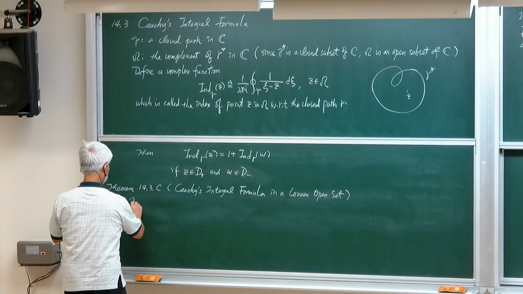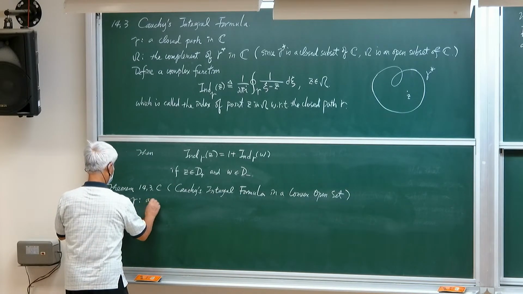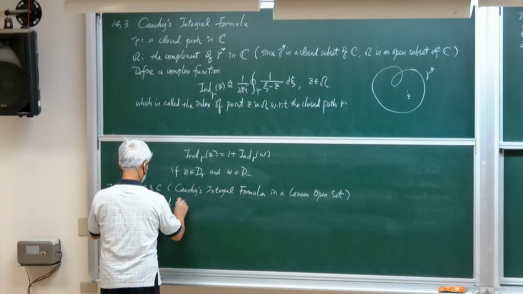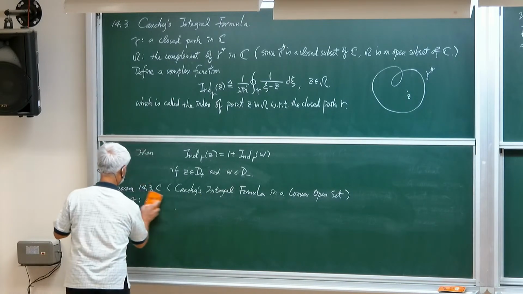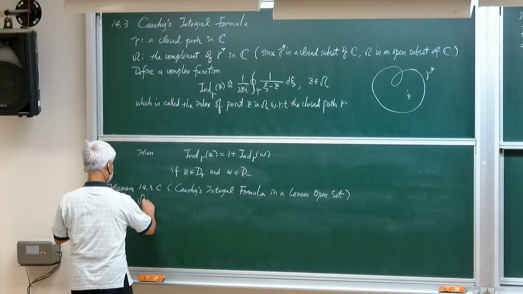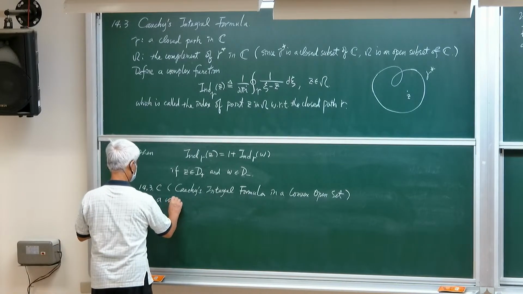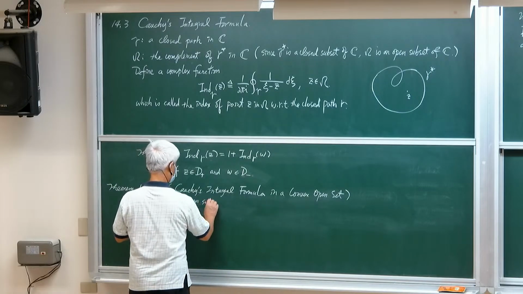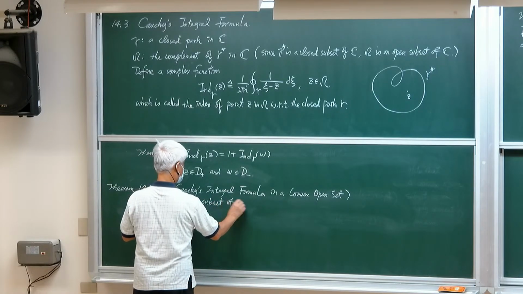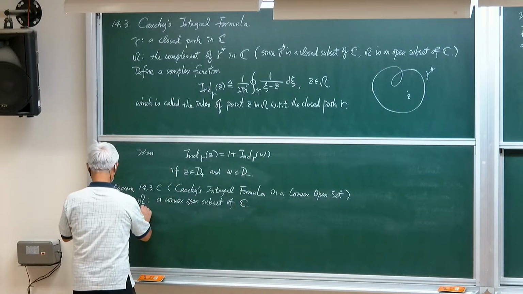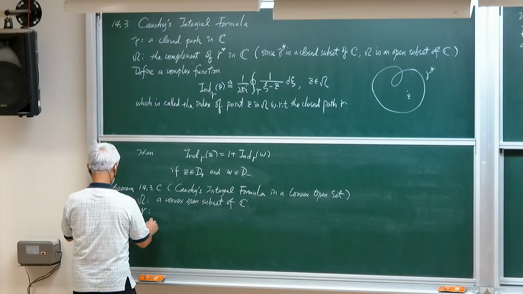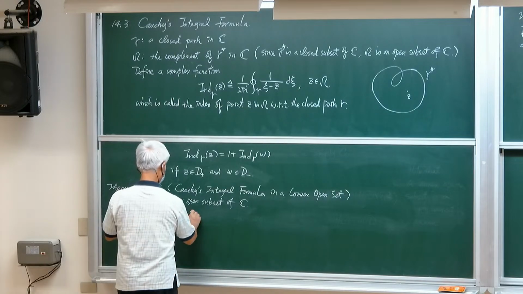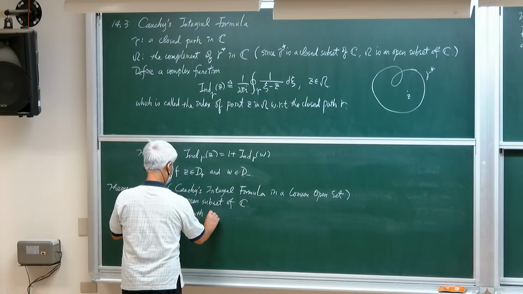All right, so gamma is a path. Omega is a convex open subset of C, and gamma is a closed path in omega.